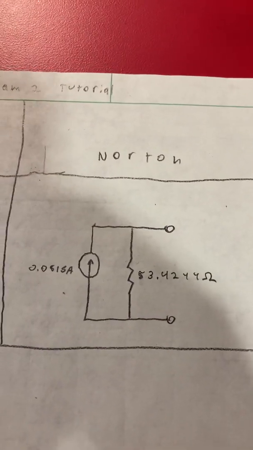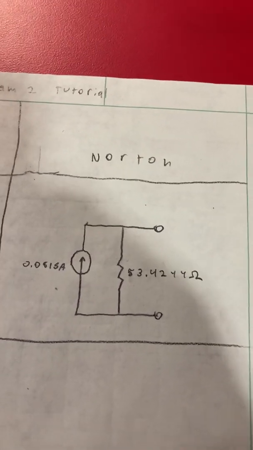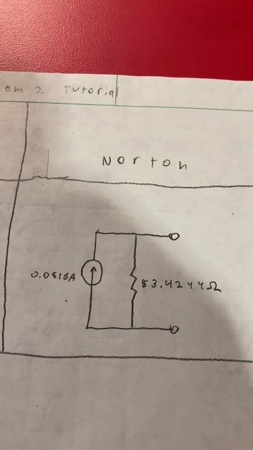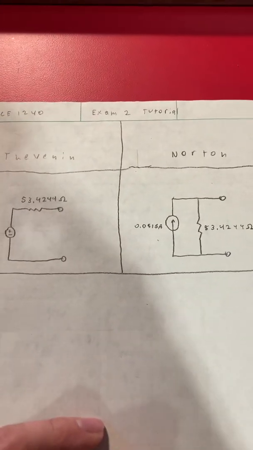And a Norton equivalent is a current source in parallel with the R Thevenin resistor. So that would be our Thevenin and Norton equivalents for this problem.